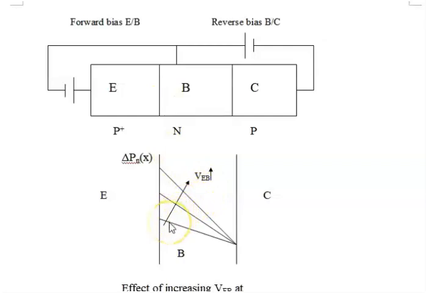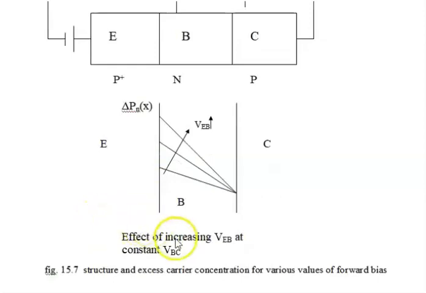As forward bias goes up, the slope goes up, and all that makes sense with constant reverse bias. What would happen if the reverse bias would increase? This number here would fall down. At constant BC, this level here is constant and doesn't move.